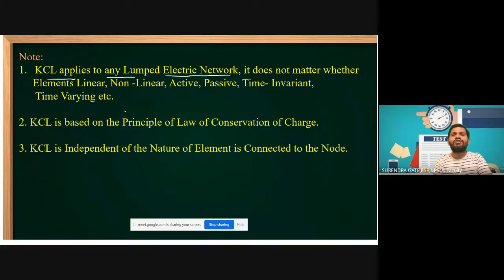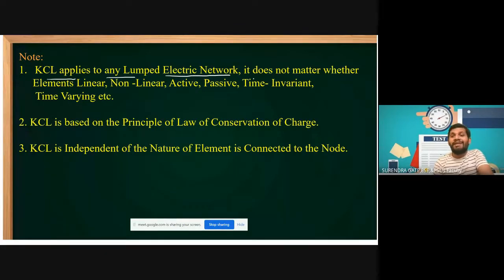It fails for distributed networks. But if you want to apply KCL to a distributed network, it must be modeled as, approximated as, a lumped electric network. Generally it is applied for lumped electric networks.